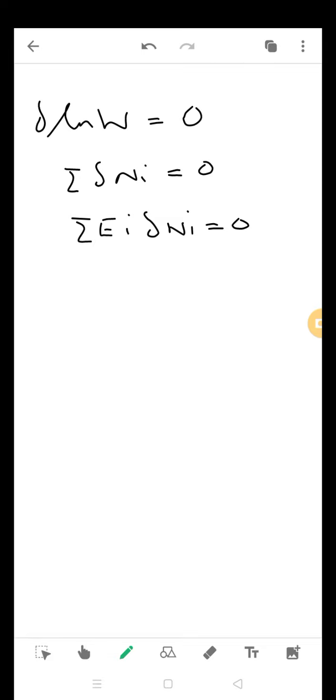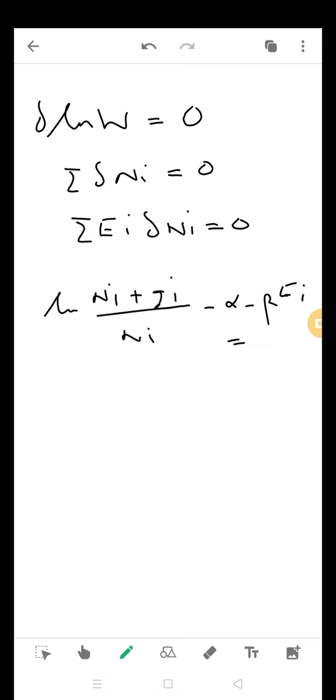Using these three conditions, what we finally observe is the following relationship: ln of (Ni plus Gi) divided by Ni, minus alpha, minus beta Ei, is equal to 0.